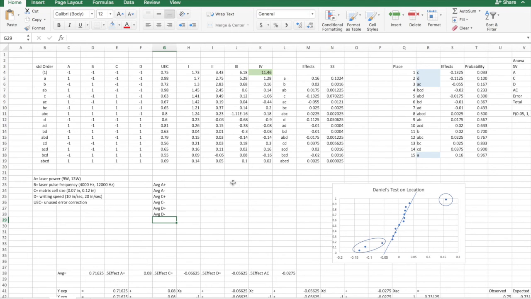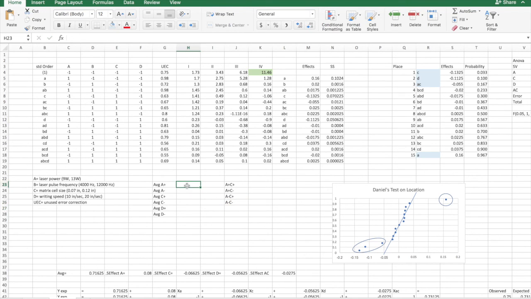And for the interaction, we have to make the average when A is high and C is high, the average when A is high and C is low, the average when A is low and C is high, and the average when A is low and C is low.